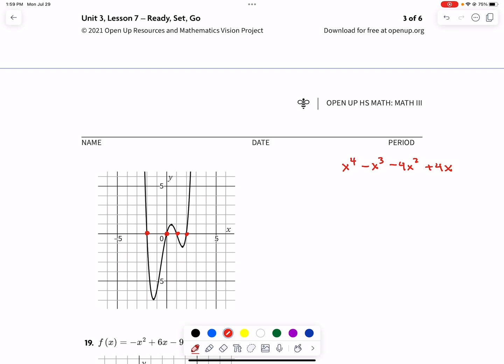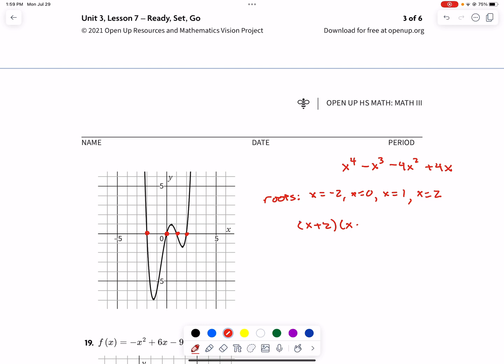Okay, so the factored form should just be x plus 2, x plus x minus 0?